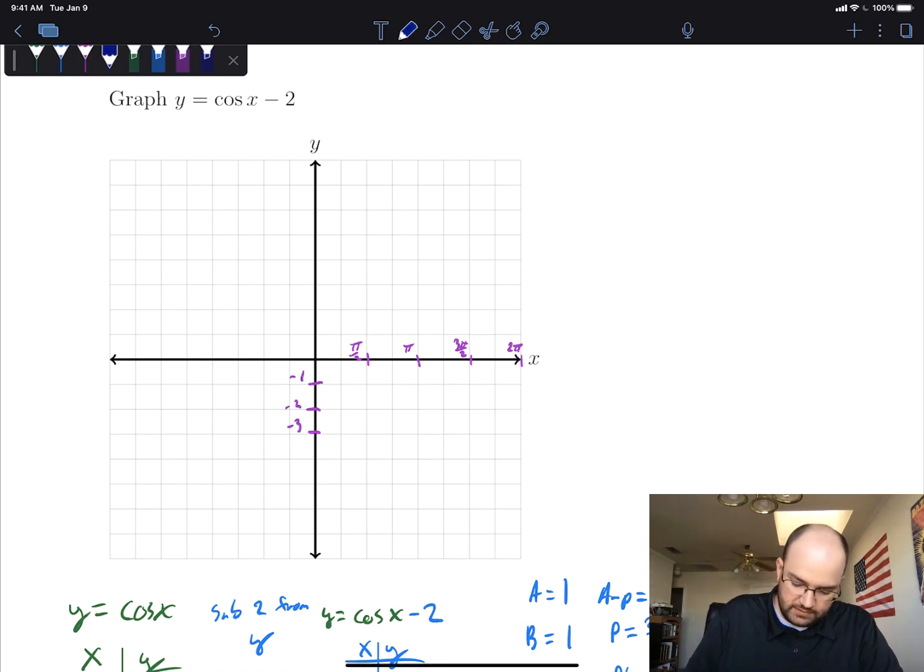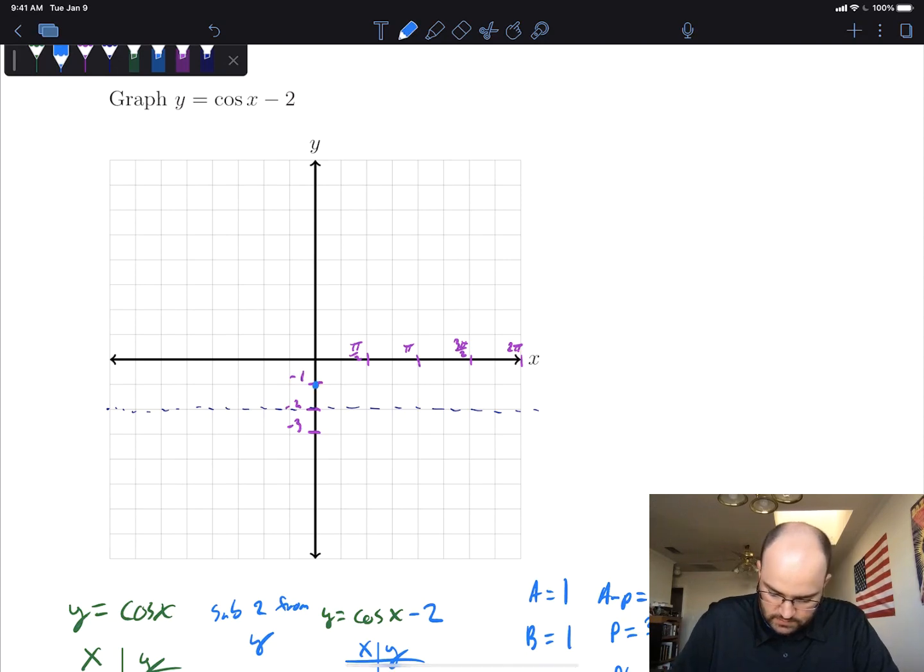Notice that this function is oscillating about y equals -2. And then we go from there. 0, -1, pi over 2, -2, pi, -3, 3 pi over 2, -2, and 2 pi, -1.